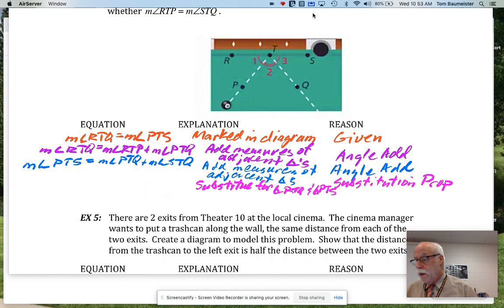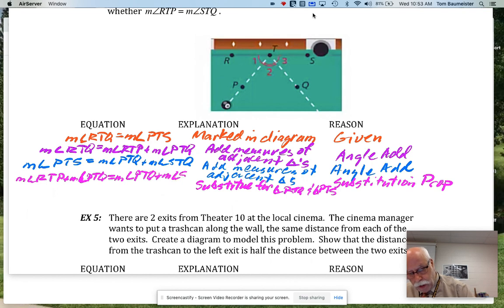And what that means then is that we can write that the measure of angle RTP plus the measure of angle PTQ is equal to the measure of angle PTQ plus the measure of angle STQ.